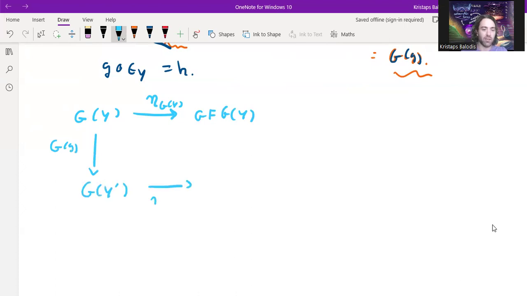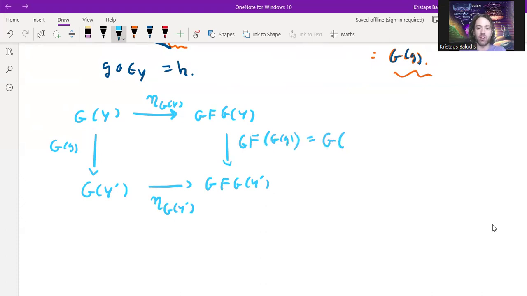And over here I have eta G y prime, G F G y prime, G, and this is GF of G, which, by the way, is the same thing as G of F of G at G, right? So where does this diagram come from?